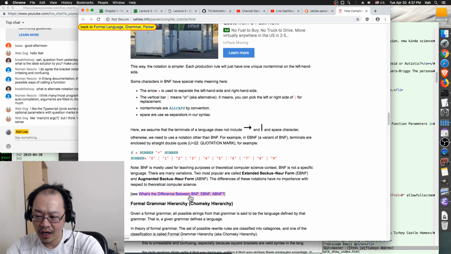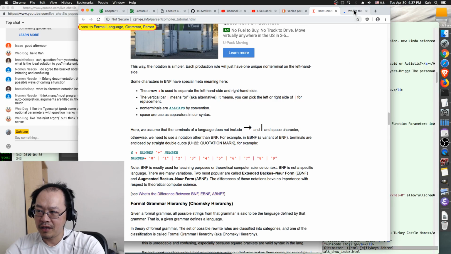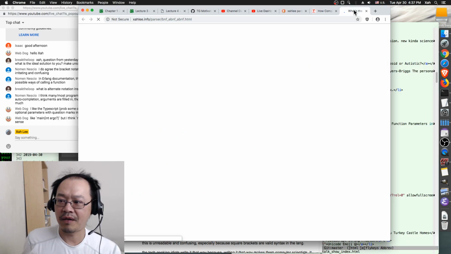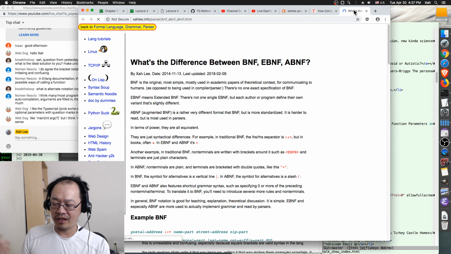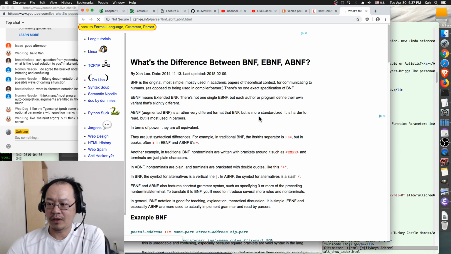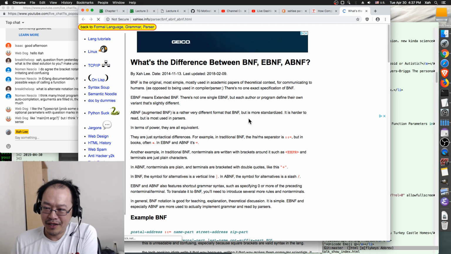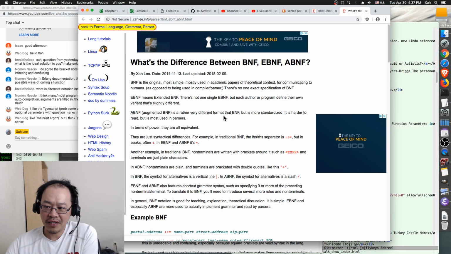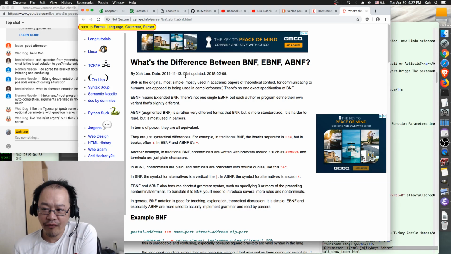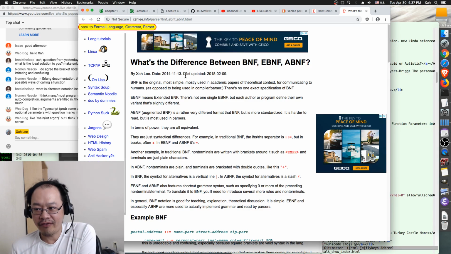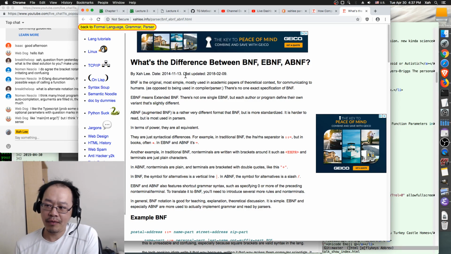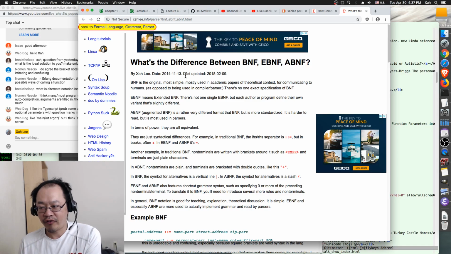Okay, here I have an article. I studied this in depth. I spent a week or so studying this. This article is about the difference between BNF, EBNF, and ABNF. Now, if you don't know, BNF is short for Backus Naur Form.